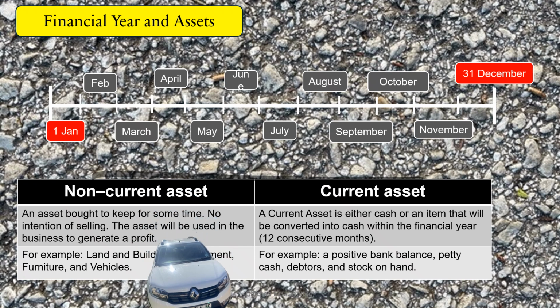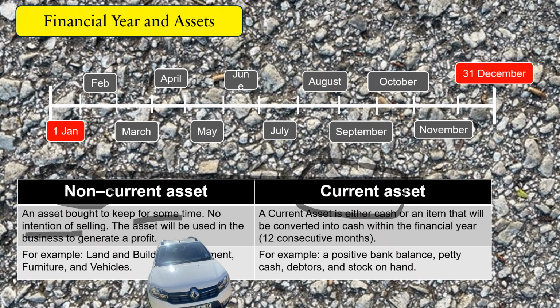we need a definition here of non-current assets. First of all, current means the 12 months that we are busy analyzing or recording transactions, our financial year. So non-current are all those assets that we've bought to keep for some time.